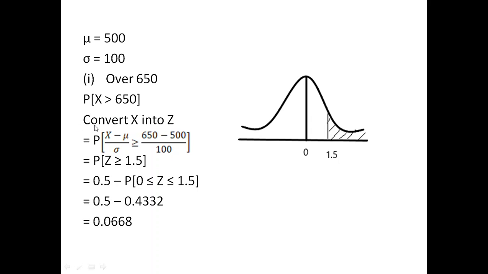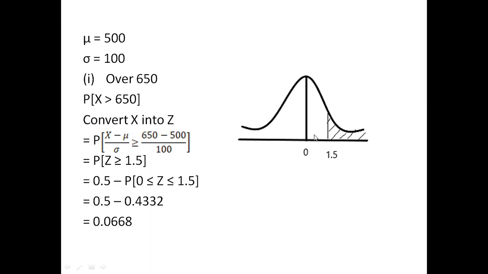Then again the same method, convert x into z, and I have converted x into z, then we get the value 1.5. Now we need to find the area more than this, but this goes up to infinity. We don't know the closing point, because this never touches the zero line.